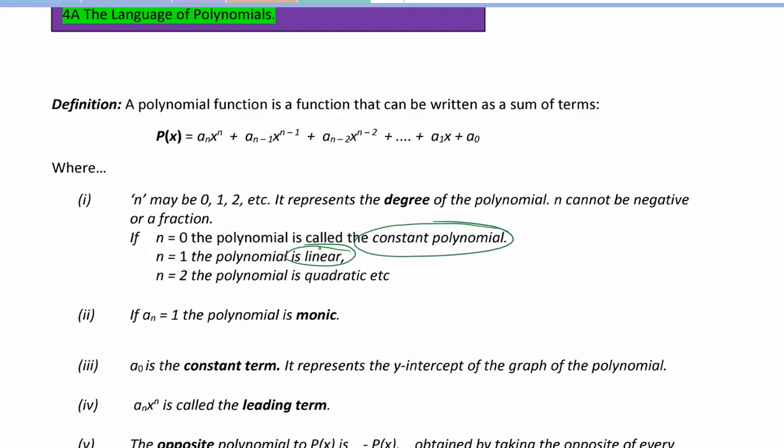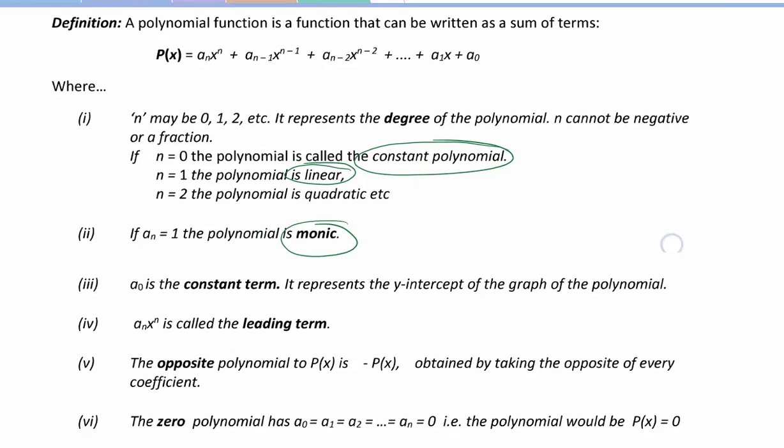You've actually seen those. For example, y equals 2 is the horizontal line through y is 2. If a_n is 1, so the number at the front of your highest power is a 1, I think you've come across this before. It's referred to as monic.